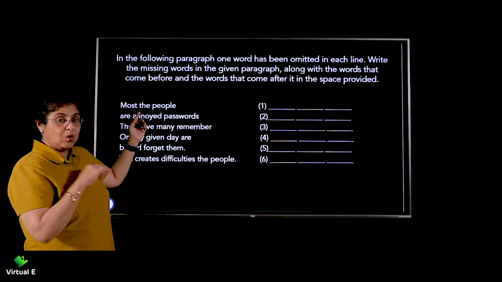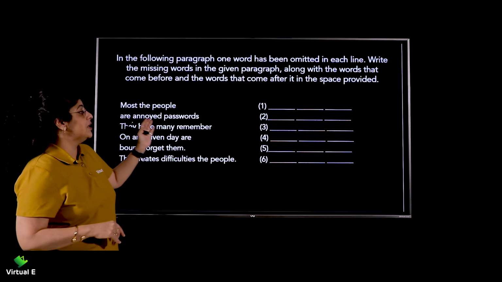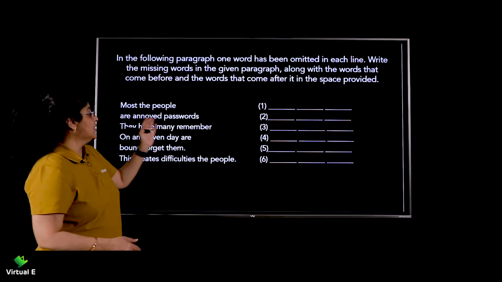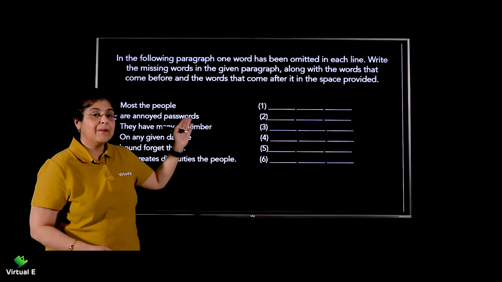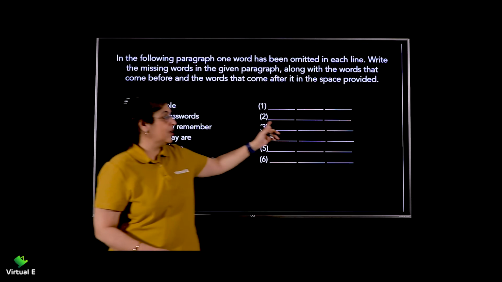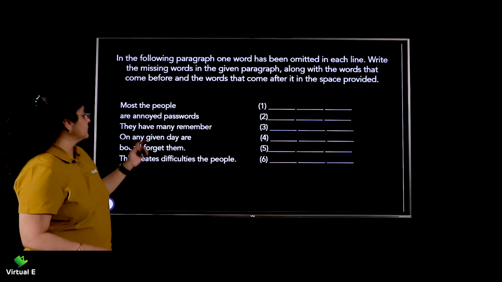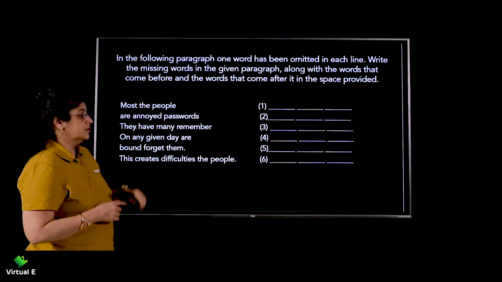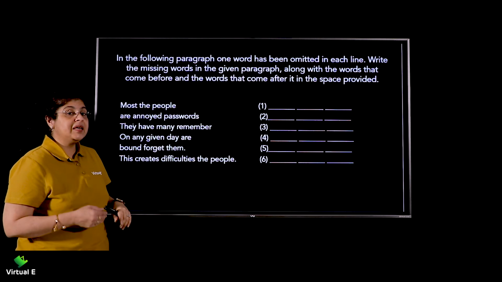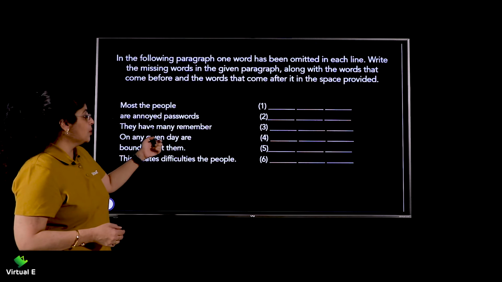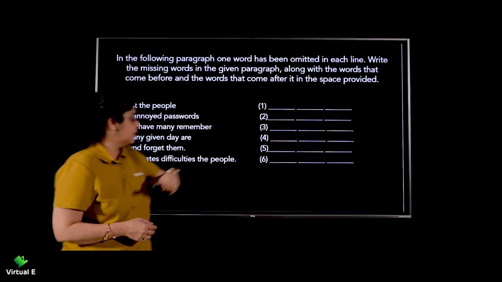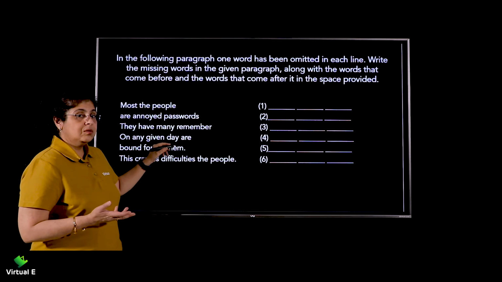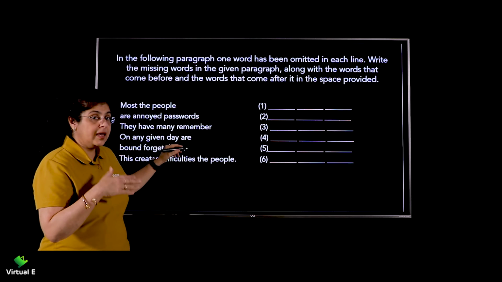So the first one we did: most of the people are annoyed with passwords, right? So annoyed with passwords. They have many to remember. So many to remember. On any given day, they are.